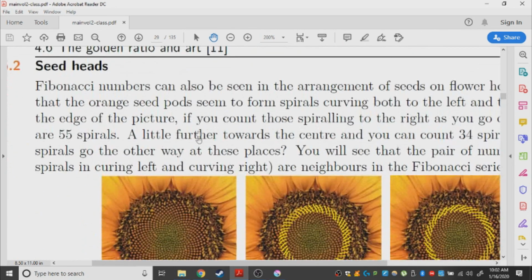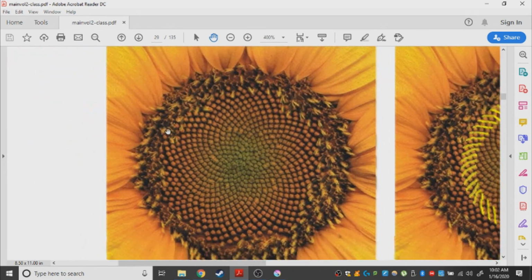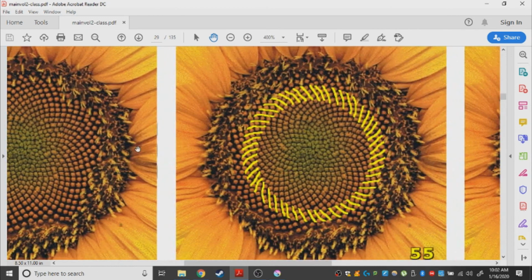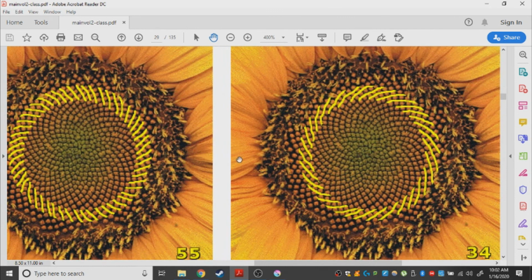More occurrences. If you look at sunflower seeds, for example, among others, I'm specifically talking about sunflowers. And you see they have these lines that they're making, curved, but still. If you count those lines in one direction and in another direction, you get Fibonacci numbers.